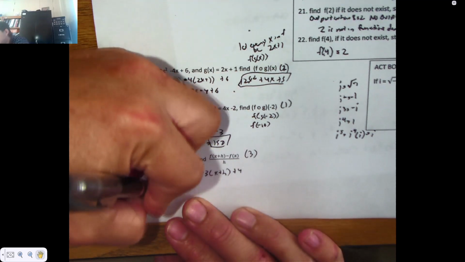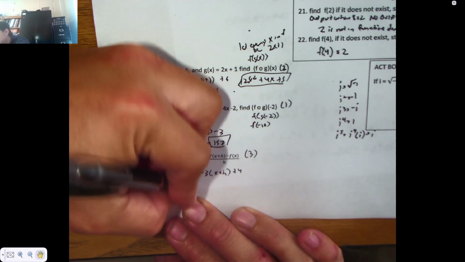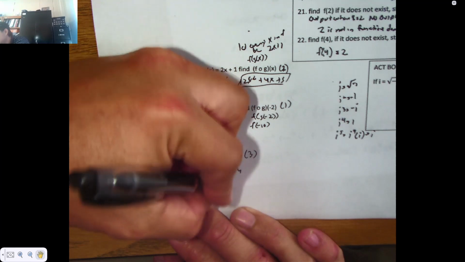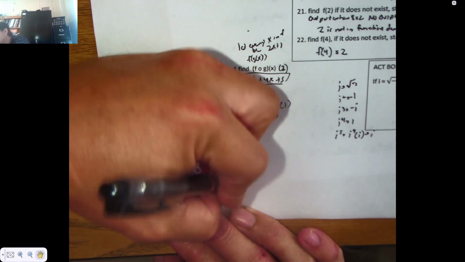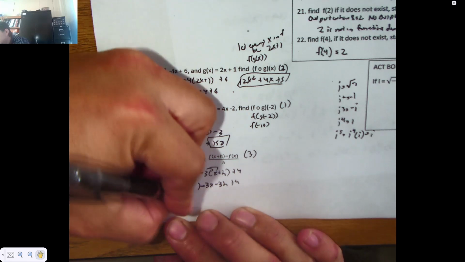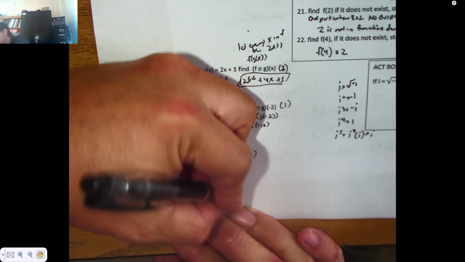x plus h squared, if you write it twice, is going to be x squared plus 2xh plus h squared. Distribute, minus 3x minus 3h plus 4. 2x squared plus 4xh plus 2h squared minus 3x minus 3h plus 4.